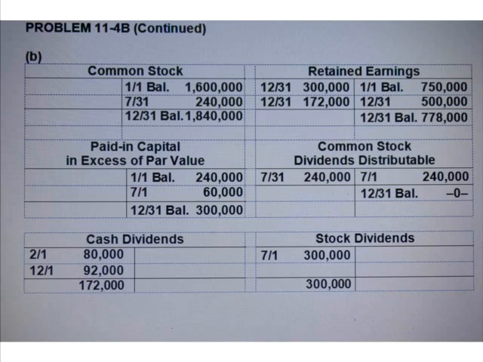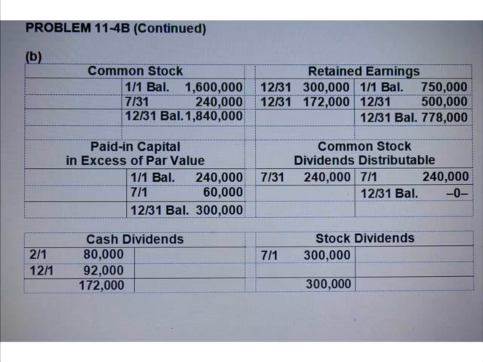Alright, so if we look at the retained earnings account, we're given a beginning balance of $750,000. Net income, which increases the account, is $500,000, so we have to credit retained earnings for the net income of $500,000.